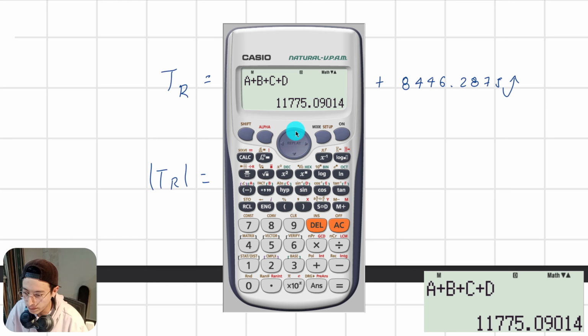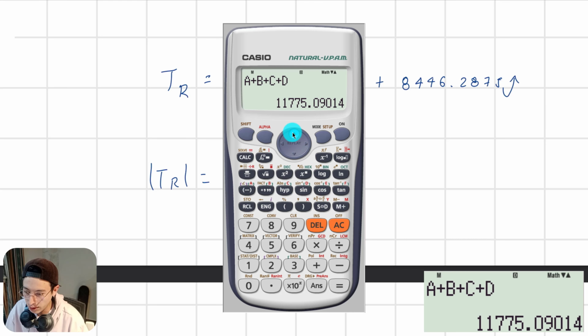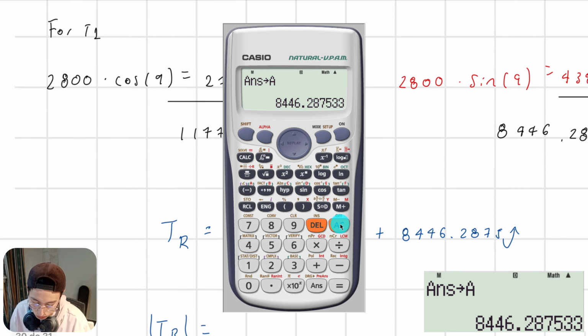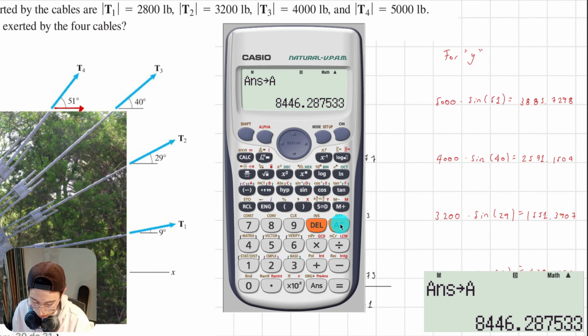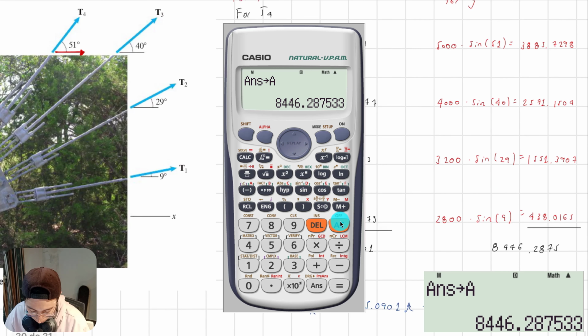I don't have enough space, so this result I'm going to save within M, and this other I'm going to save within A. I know I'm changing the value of A that we previously had, but I don't need it anymore.